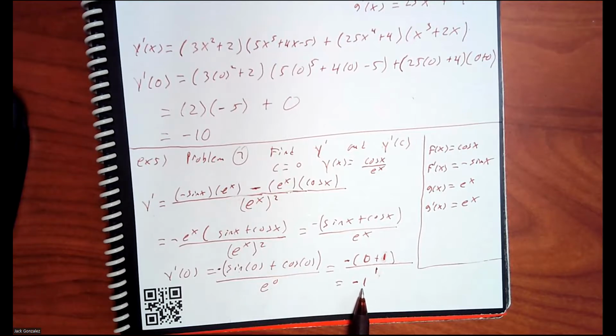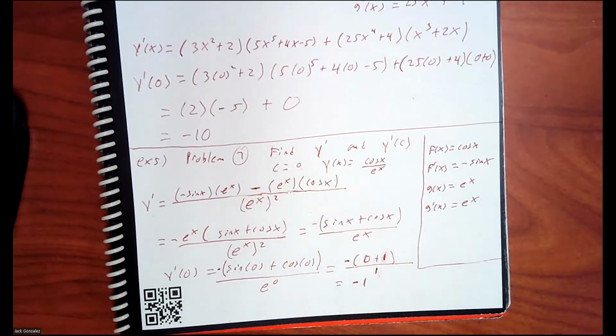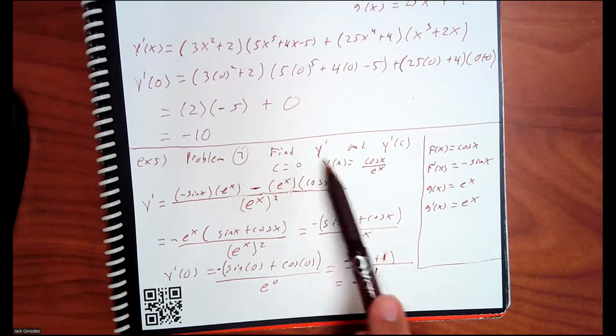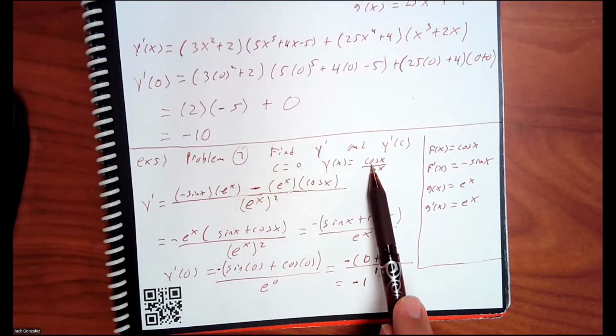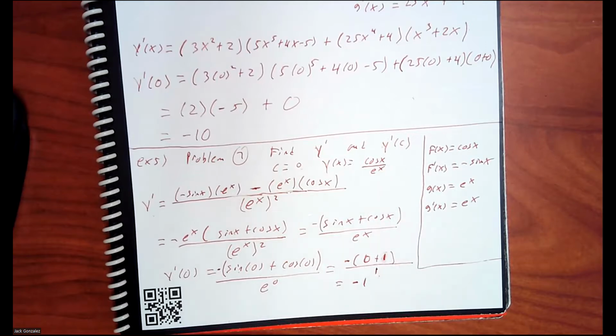If they gave us a point, which I guess they did, right? If they would have told us find the equation of the tangent line, you would use this slope. Then you'd plug in 0 into here and use that as your point, and then use point slope form like we did last class. Because they have to give you an x or a y.